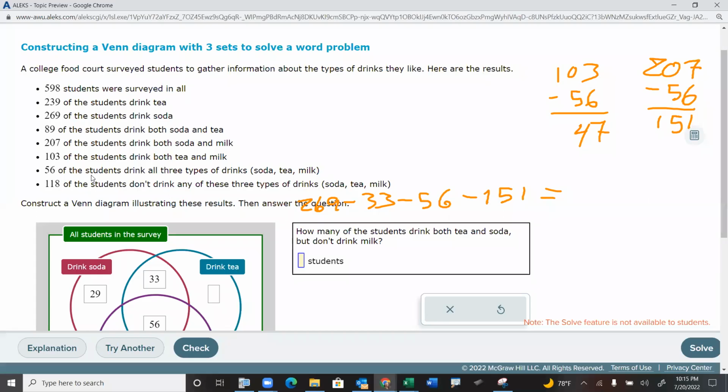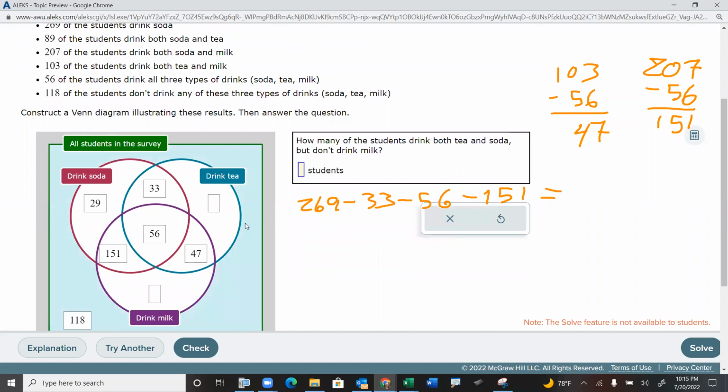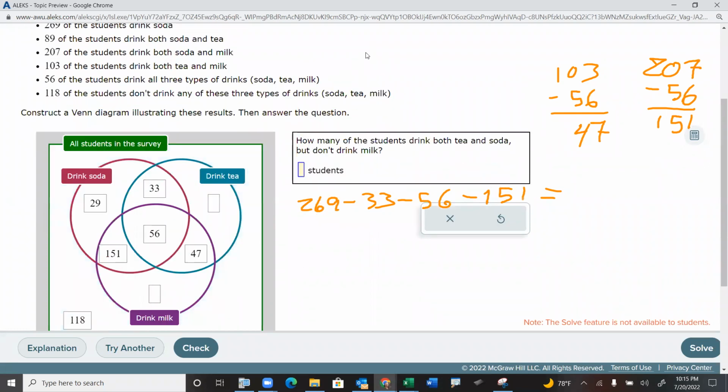Now, what about the 239 that like tea? We're gonna do something really similar. Out of the 239 that like tea, we've already accounted for those people. They're already listed in the Venn diagram.